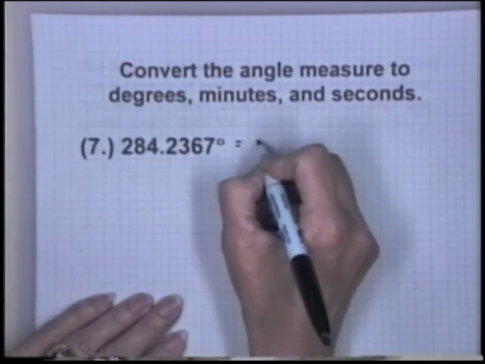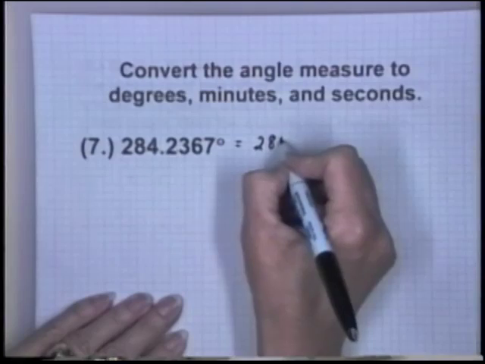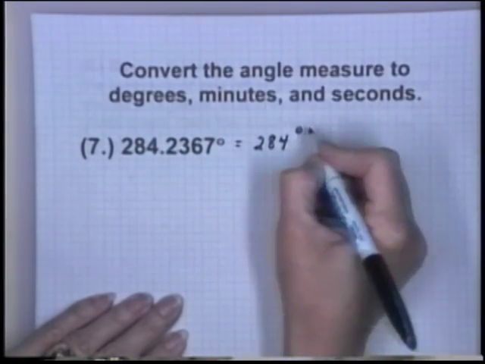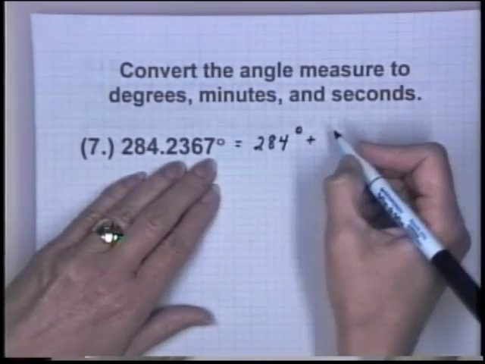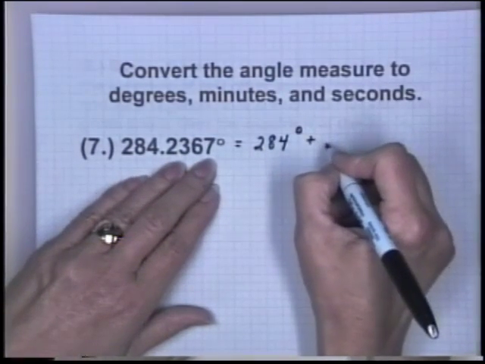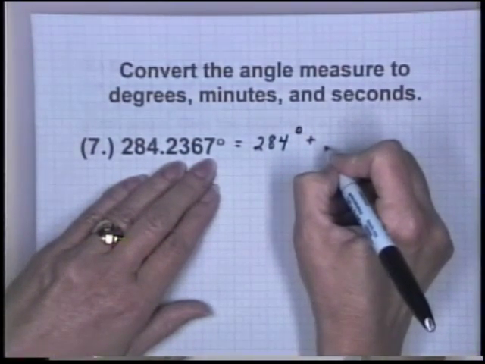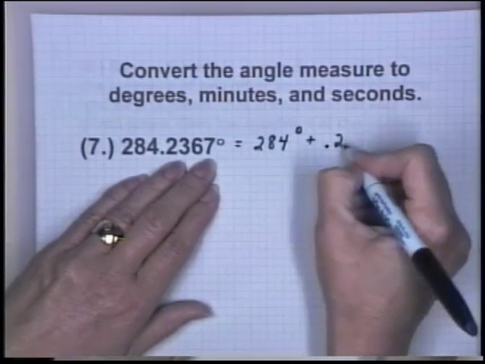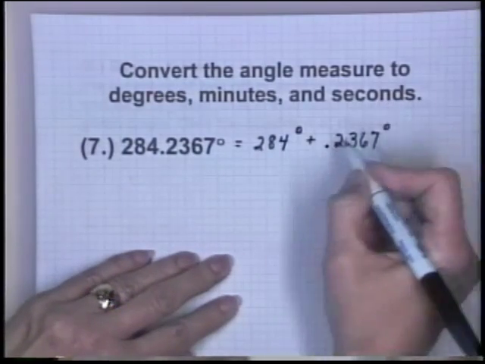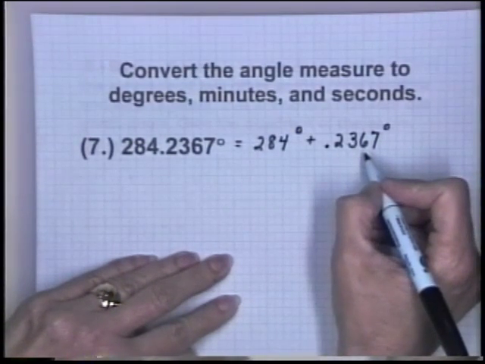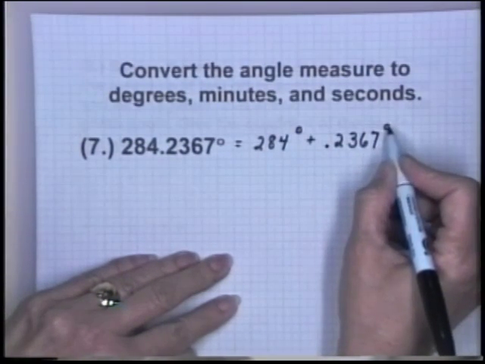Let's separate that. We have 284 degrees, and then we know that this part of the number represents a part of a degree. It's 2,367 ten-thousandths of a degree.